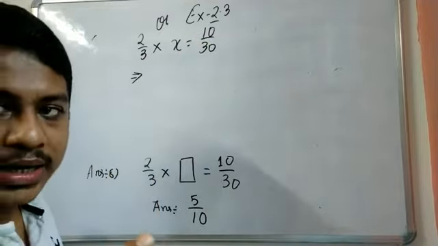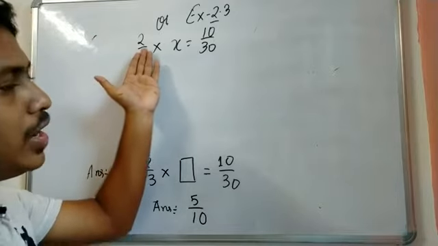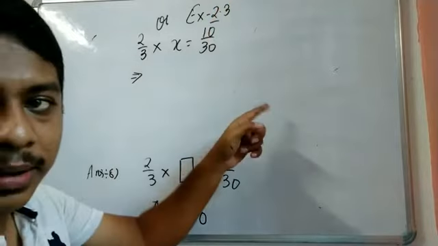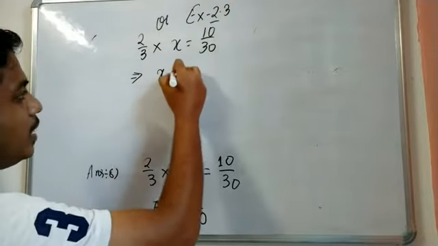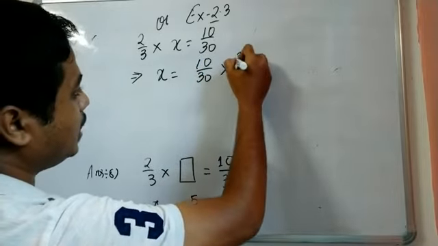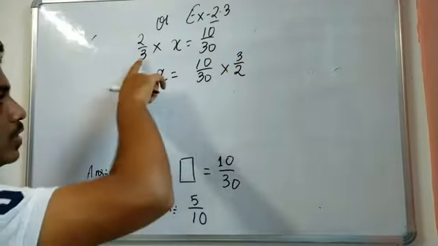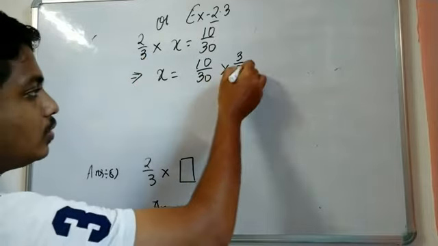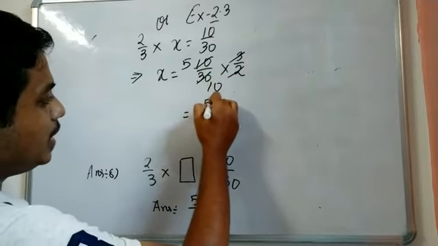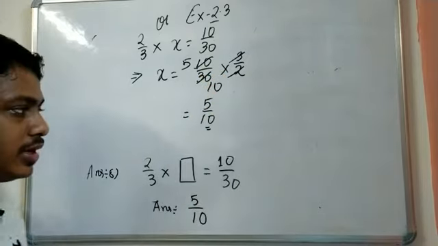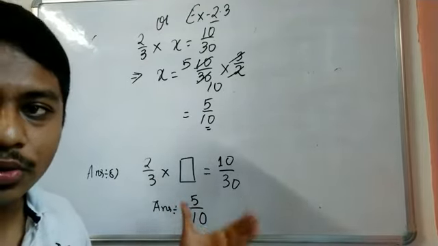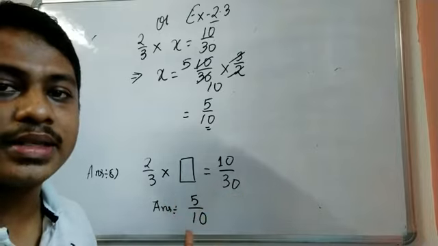As we have already done in the chapter, if I move 2 by 3 to the right hand side, 3 comes up and 2 goes below. So x equals 10 by 30 into 3 by 2; it changes its position. 2 5s are 10, 3 10s are 30, so it will be 5 by 10. Here also the answer is 5 by 10. Use your own way, whichever you find easier.